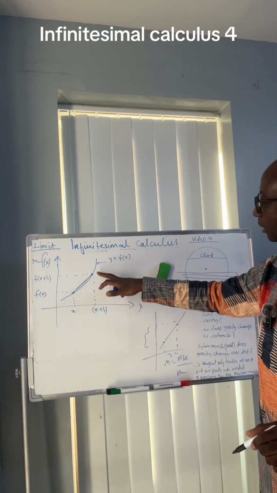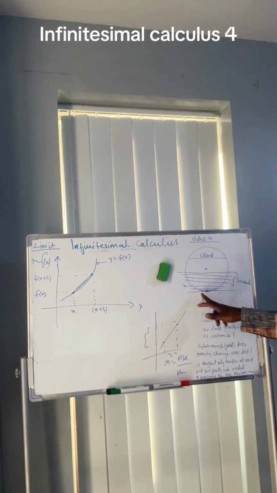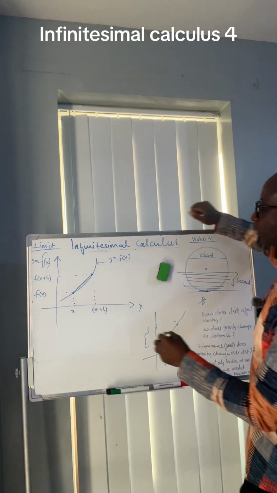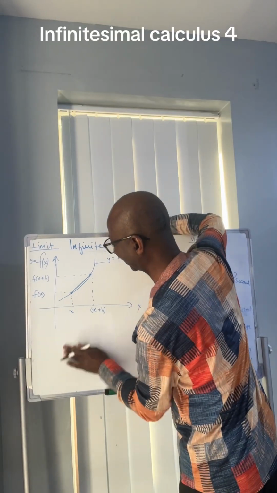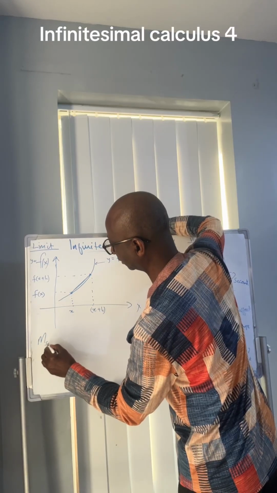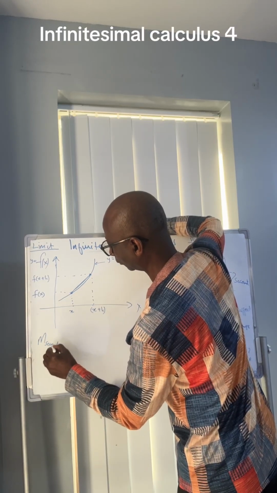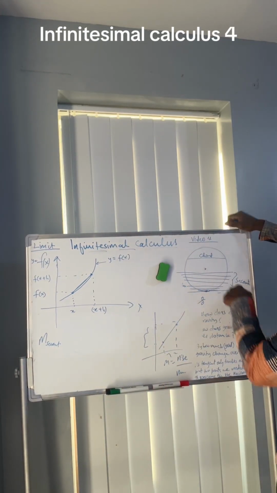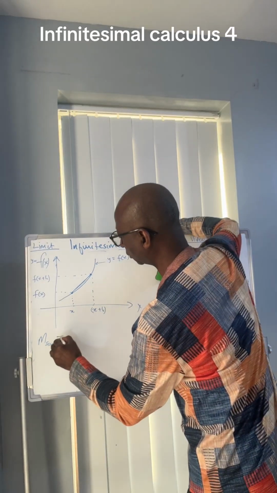This one here has 2 points. So in fact, you are looking for the gradient of the secant, so call it m sub s, for secant. We are looking for the gradient of these lines. They all have 2 points.